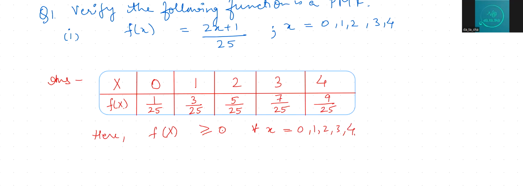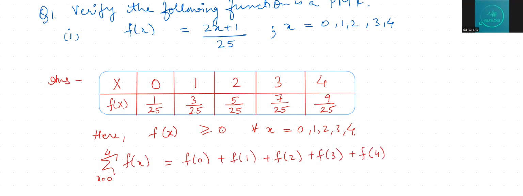Now we need to find out the summation of f(x), where we have x going from 0 to 4. The summation would be f(0) plus f(1), f(2), f(3), f(4).